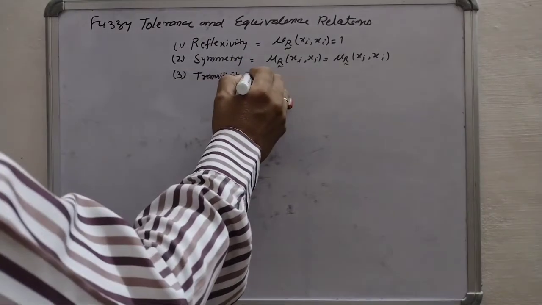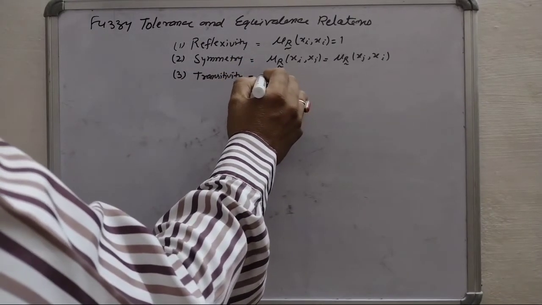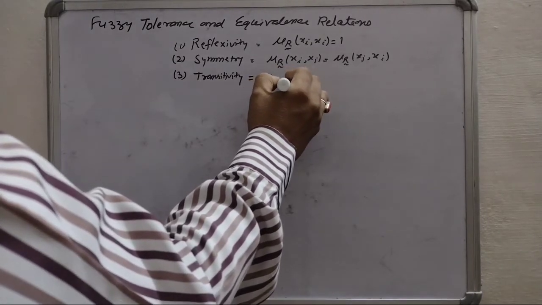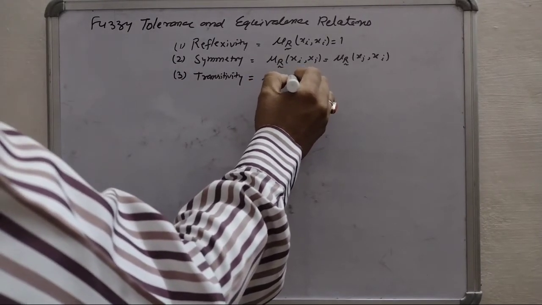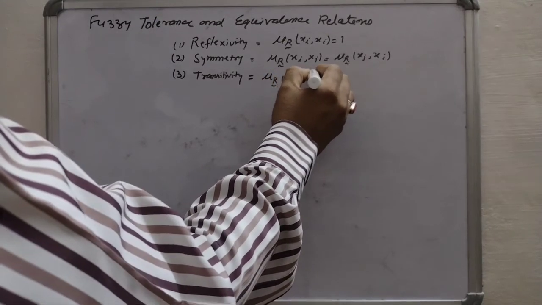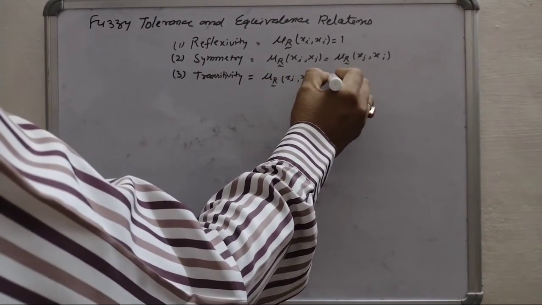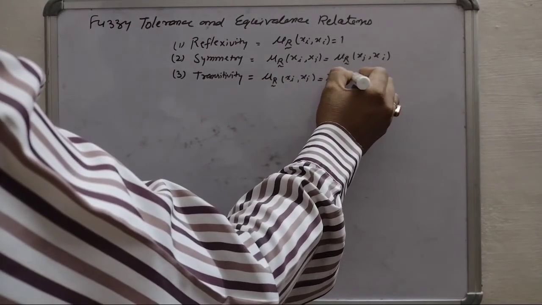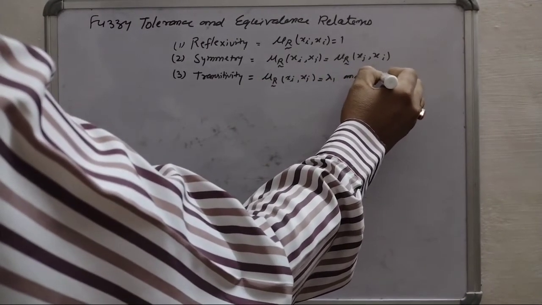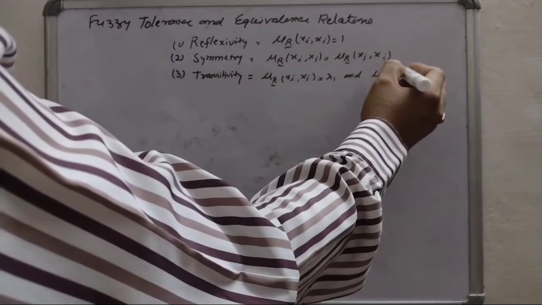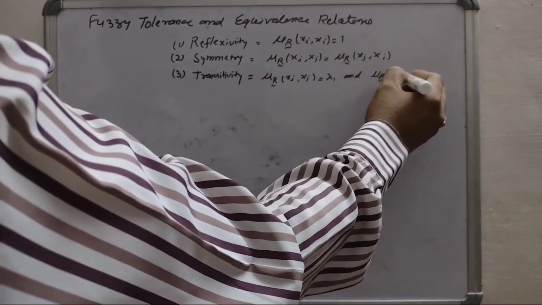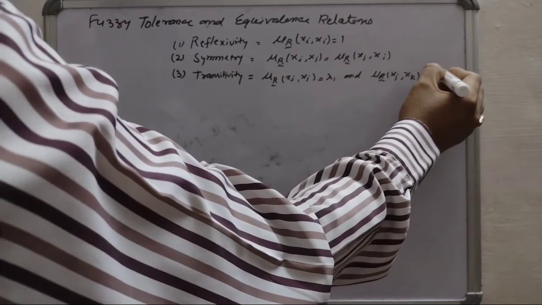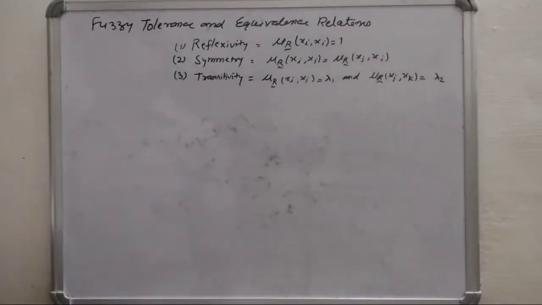And third is the transitivity. For transitivity we can say that mu r of xi and xj is having some value, let's say lambda 1, and mu r of xj and xk is, suppose, lambda 2.